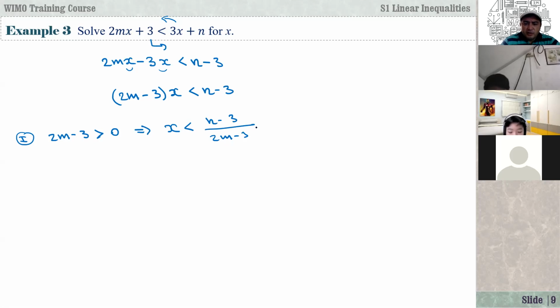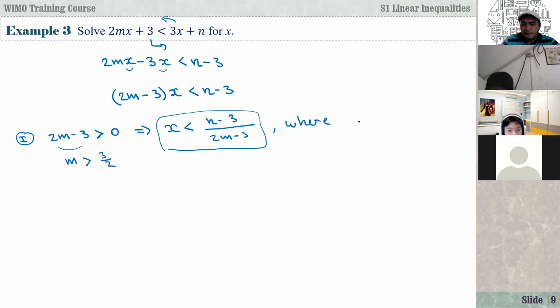So 2m minus 3 is greater than 0 means m is greater than 3 over 2. And how about n? N is any real number because we have no condition for n. N can be anything, right?